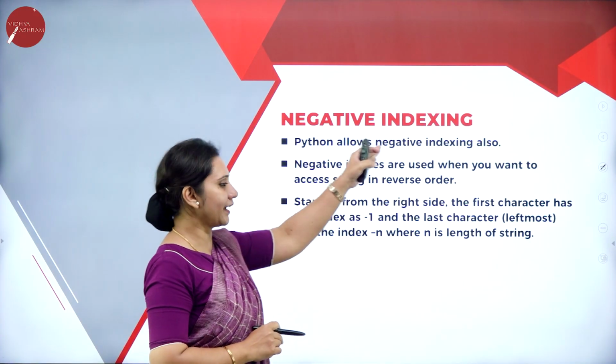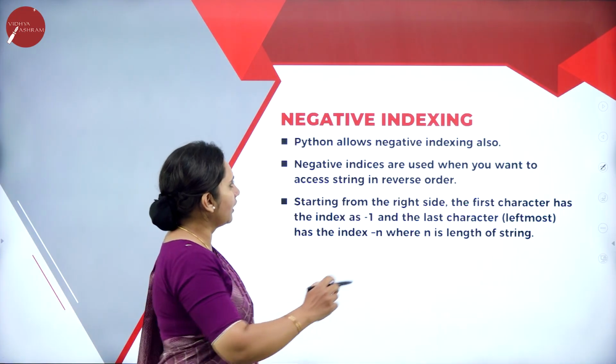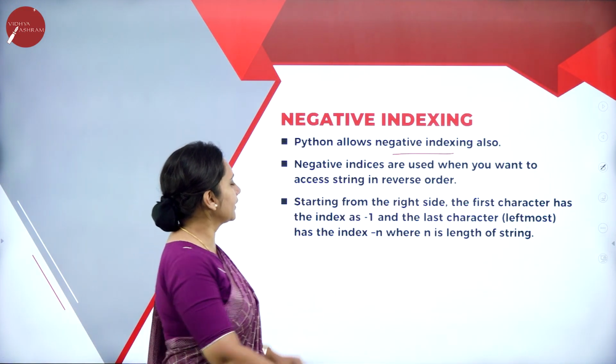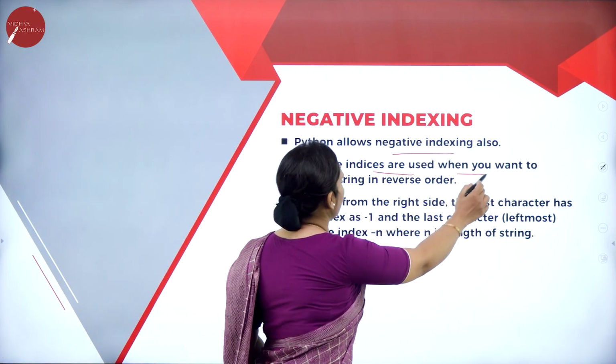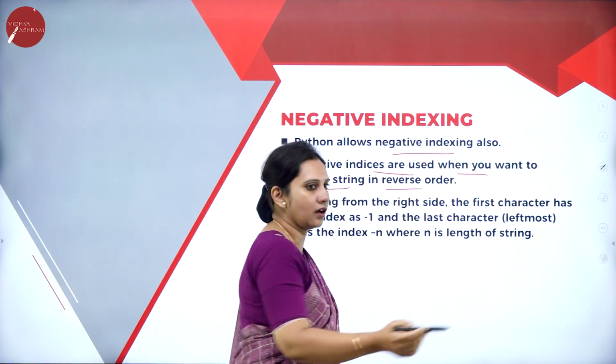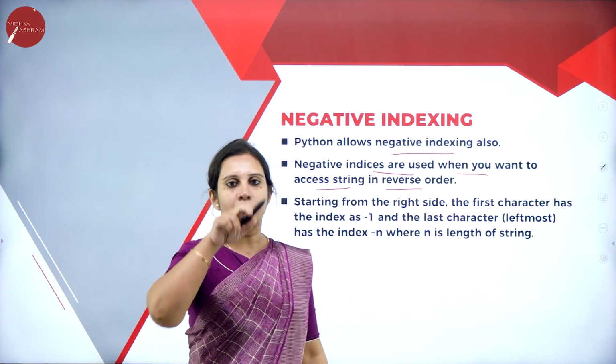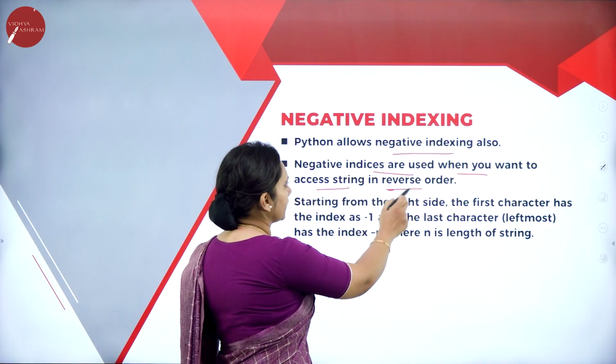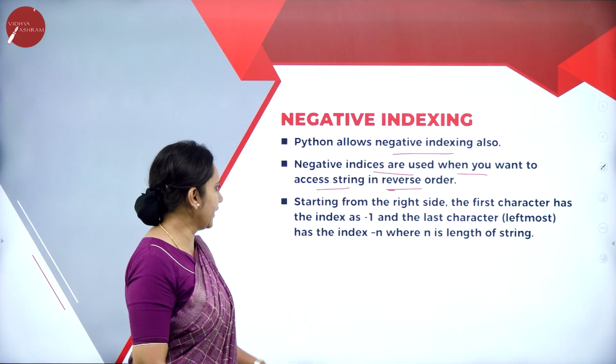So what is negative indexing? Python allows negative indexing also. Negative indices are used when you want to access a string in reverse order. Positive goes forward, and reverse order is negative indexing.